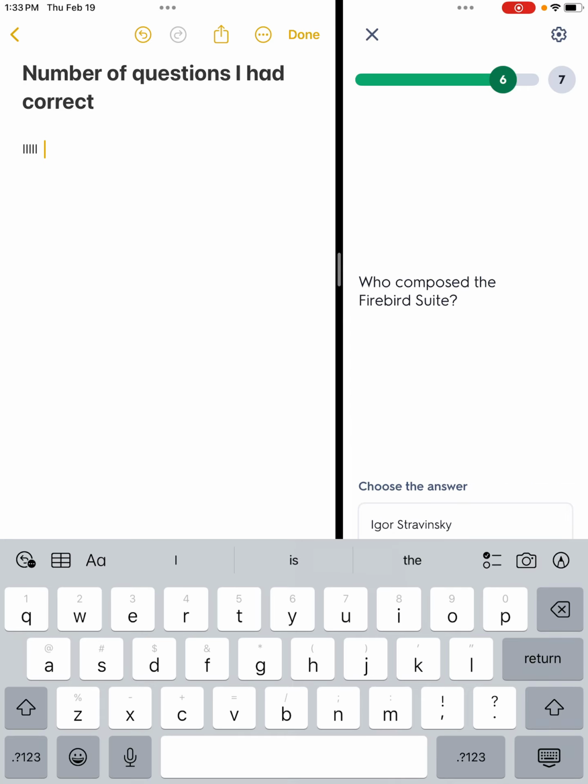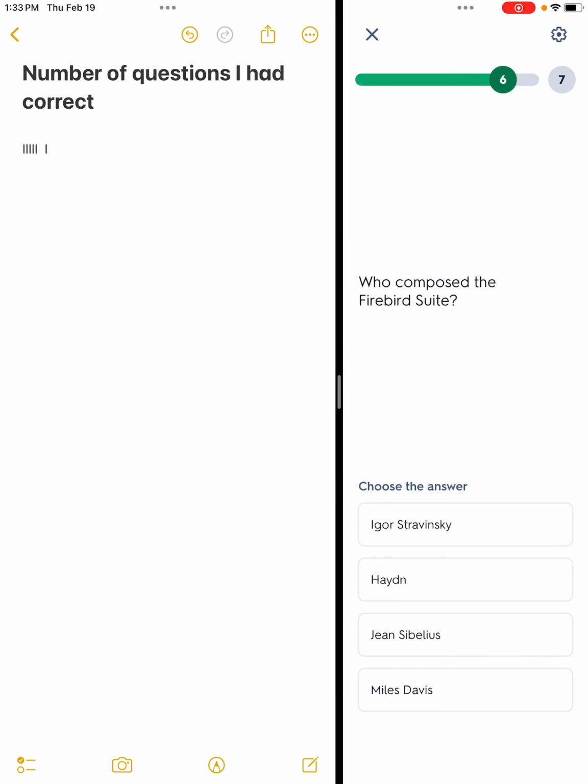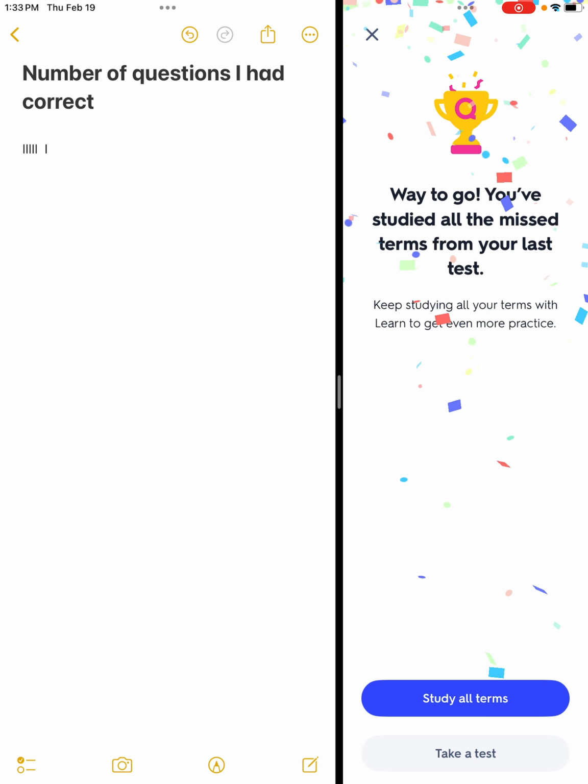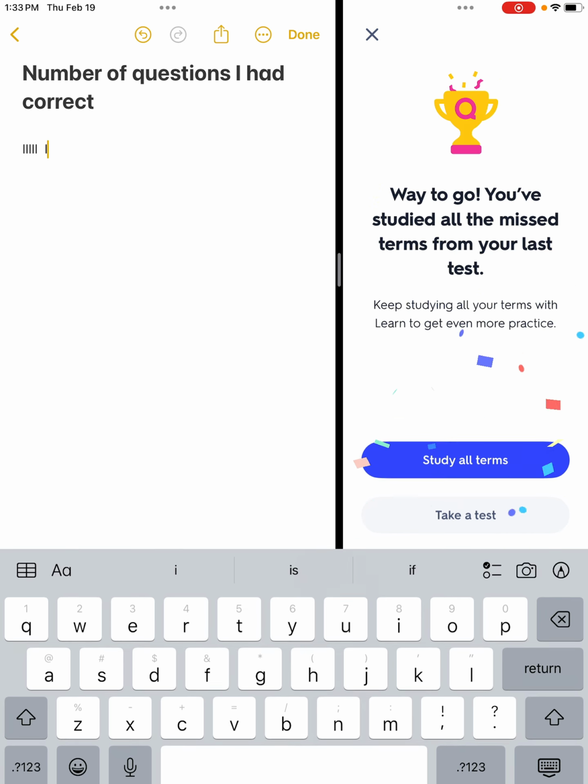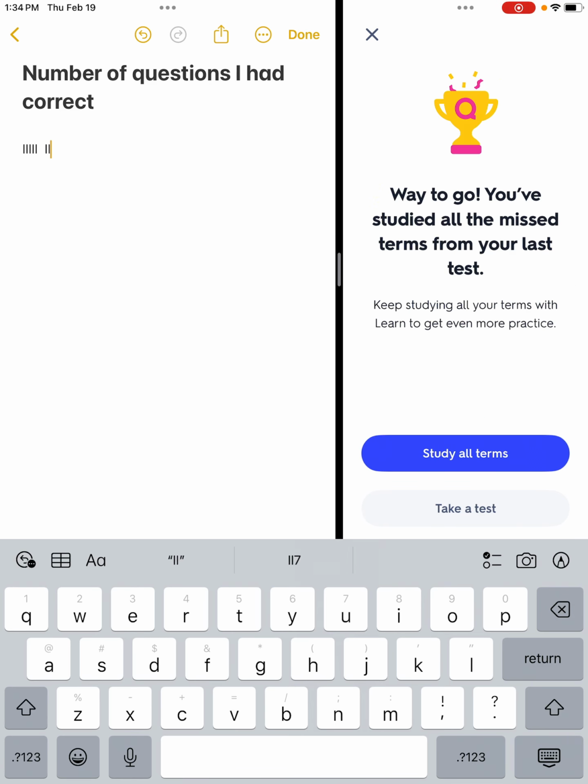That's 6. Who composed the Firebird Suite? Stravinsky, Igor. That's 1, 2, 3, 4, 5, 6, 7. 7 correct. Okay, so we'll keep going.